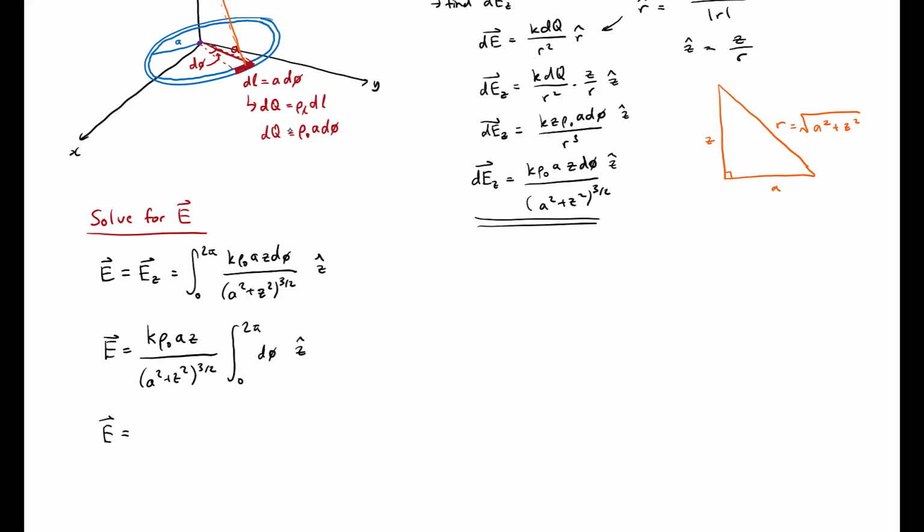So E is equal to, when we integrate this, it's just phi from 0 to 2 pi, so it's 2 pi. We have 2 pi k rho naught a z divided by a squared plus z squared to the power of 3 over 2 in the direction of the z-axis.